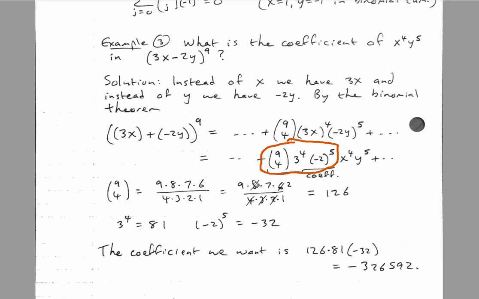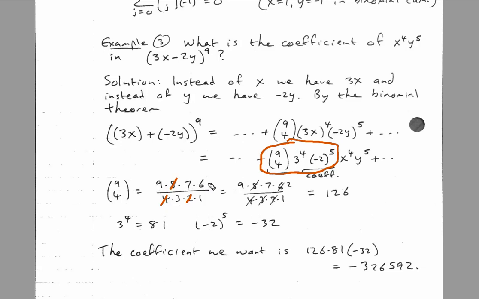So we have the binomial coefficient piece, 9 choose 4. That's 9 times 8 times 7 times 6, so 4 numbers starting with 9, divided by 4 factorial. Again, it's simpler to look for cancellation.